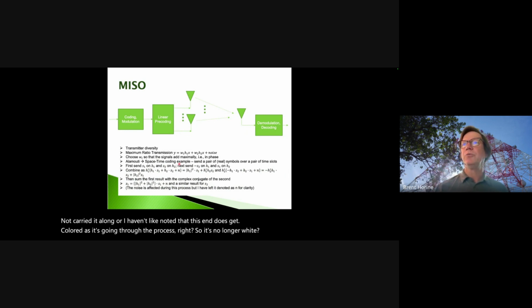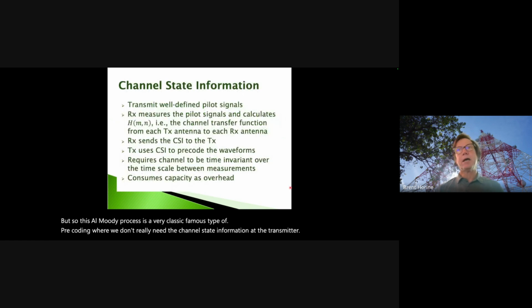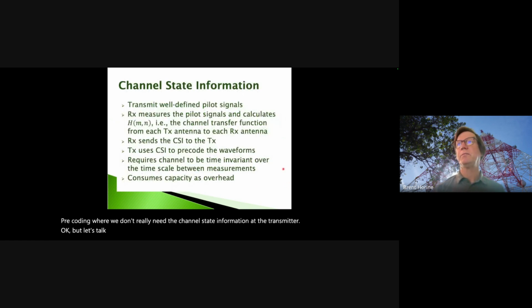So this Alamouti process is a very classic, famous type of pre-coding where we don't really need the channel state information at the transmitter. Okay, but let's talk about channel state information. So here what we're doing is typically transmitting some well-defined pilot signals, right?